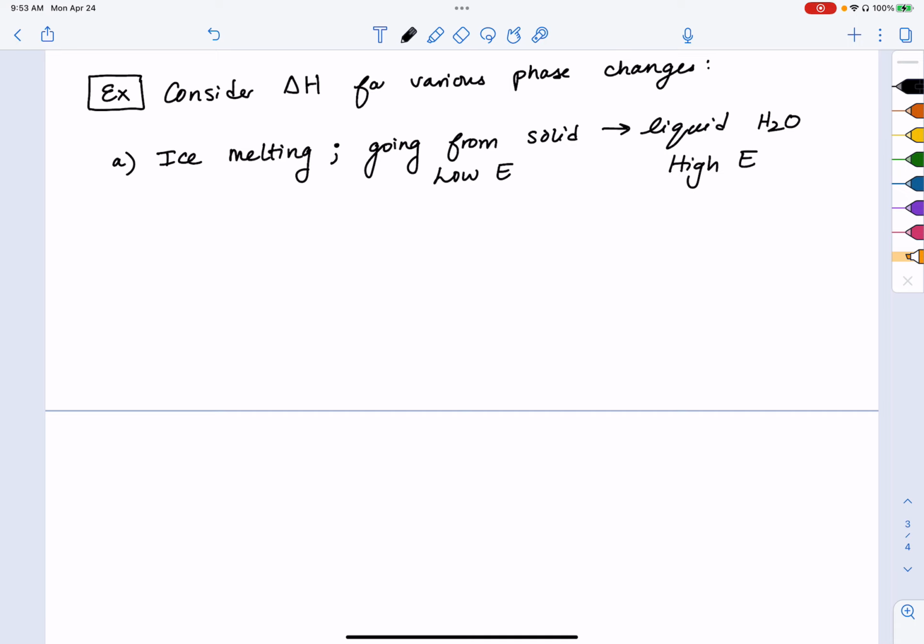So if I want to take my ice cubes and convert them into liquid water, and we're doing this just at lab conditions or at home in your kitchen, you know that this is going to require us to take in heat from the surroundings.